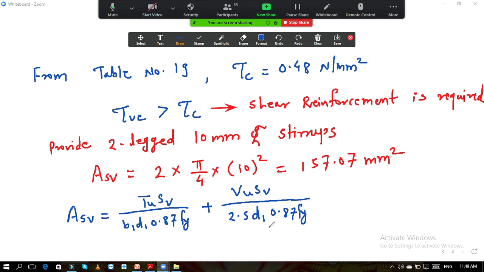This is the formula. So by using this formula, now we are going to calculate the spacing SV.